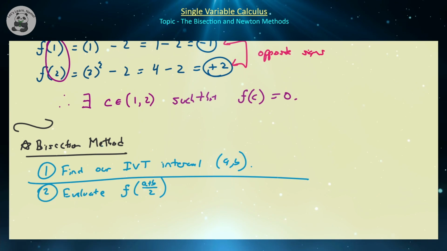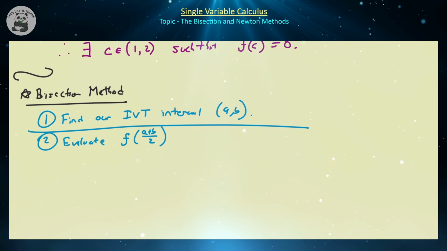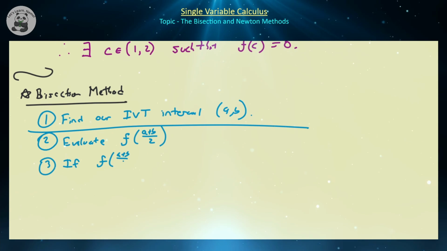And we have a couple things that could happen. Three, if f of (A plus B) over 2 is equal to 0, then (A plus B) over 2 is our solution.